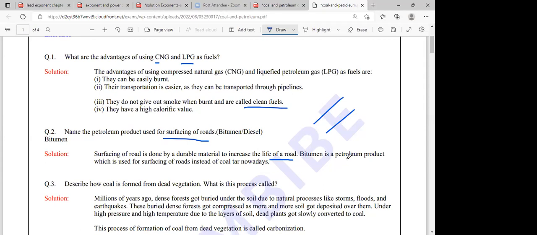So bitumen is a petroleum product which is used for surfacing of roads instead of coal tar nowadays. As I told you, earlier coal tar was being used, but nowadays bitumen is used. Of course you cannot use diesel, right? Diesel is used in vehicles, right? So bitumen is used for constructing roads.